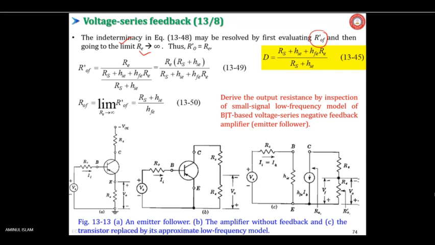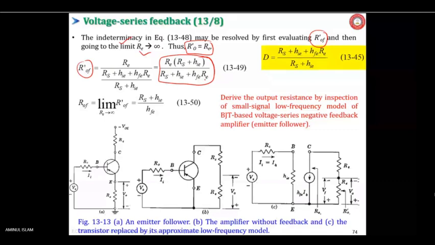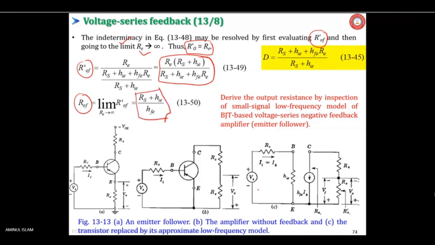Thus Ro prime equals Re, and hence ROF prime is this expression, Re into Rs plus Hi divided by Rs plus Hi plus HFE Re. And in the limit, you get Rs plus Hi divided by HFE, right? So output resistance with feedback is this.